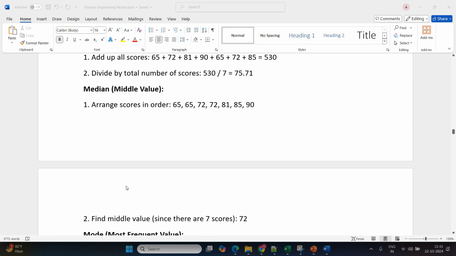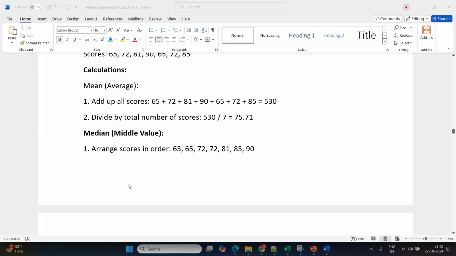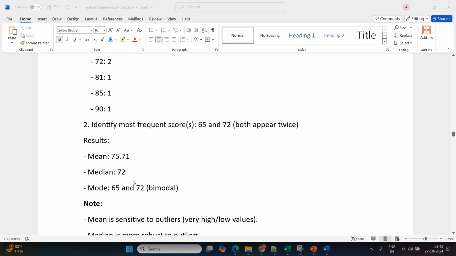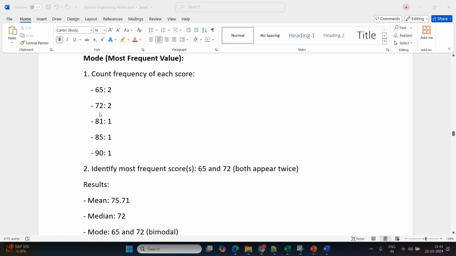What is the highest frequency for any element in this set of values? It is for two values, 65 and 72. The most frequent values are 65 and 72, and both have the same frequency. Since both have the same frequency, both are the mode of this data set.